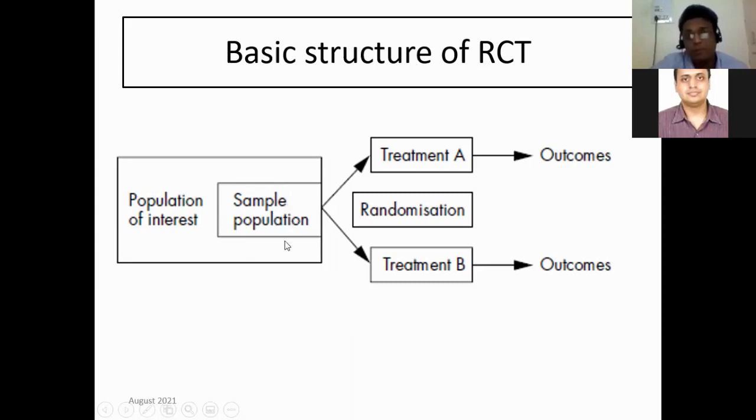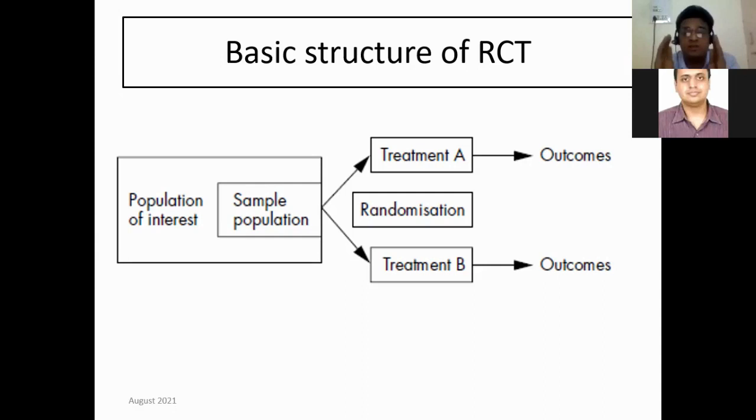And that sample population is a homogeneous population, and you're randomizing them to receive either treatment A or treatment B. So that means it's a homogeneous population. One group receives treatment A, another group receives treatment B. So whether you receive treatment A or treatment B, it is the same population.